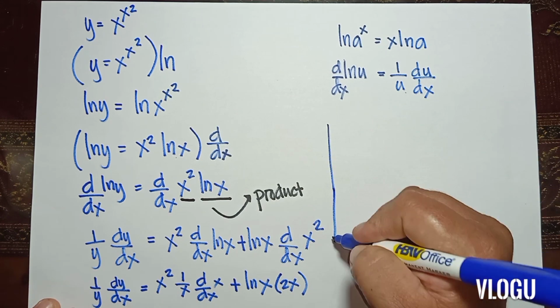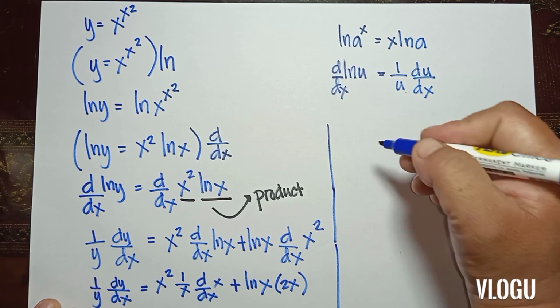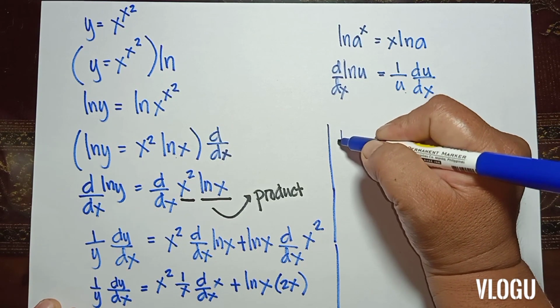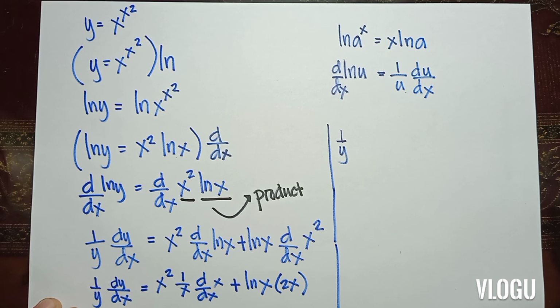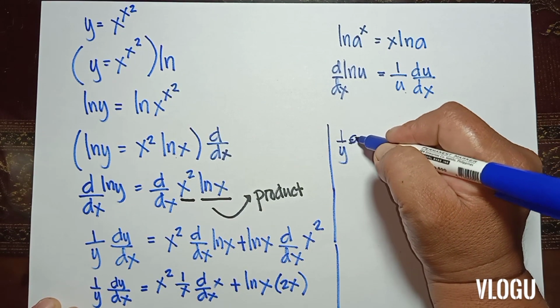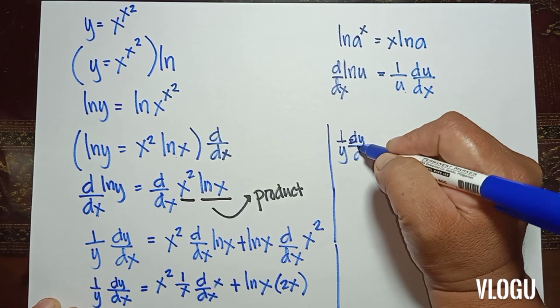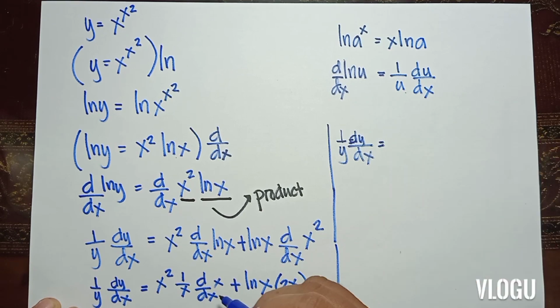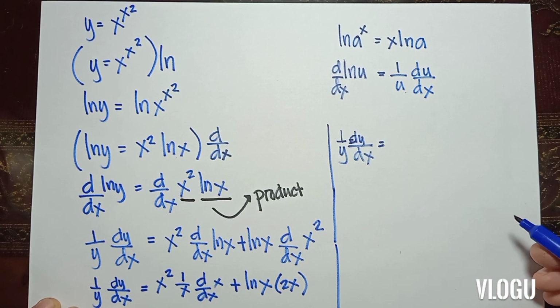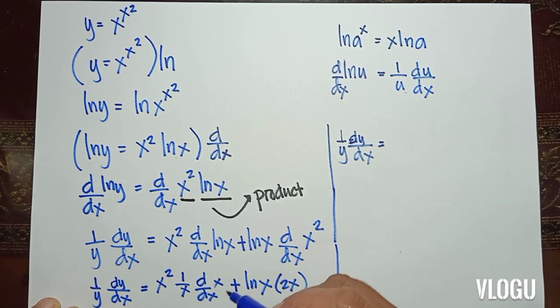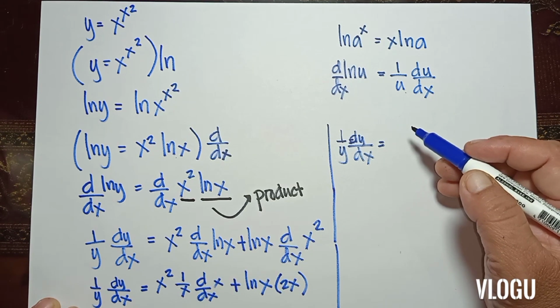So, to simplify that further, we have 1 over y. Okay. You will have dy over dx. dx over dx, that is cancelled out. Okay. So, that's the reason we'll have x squared over x. That is x.